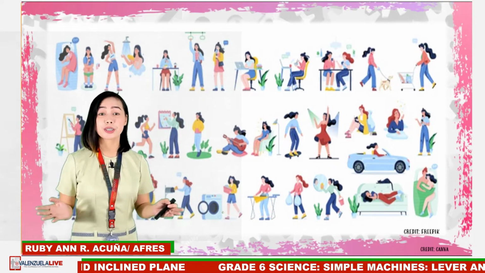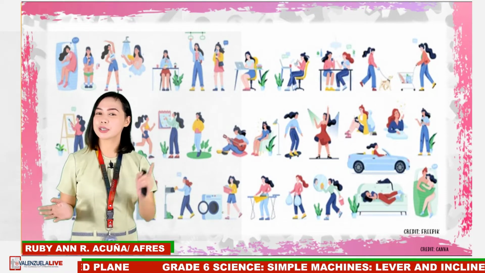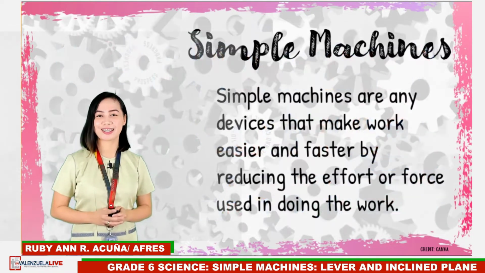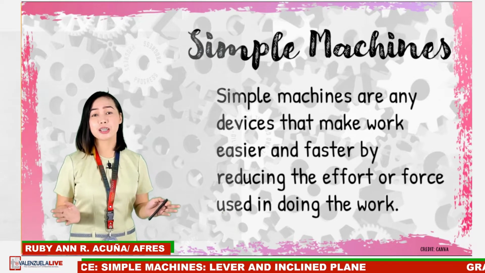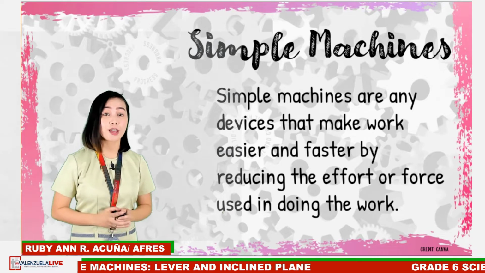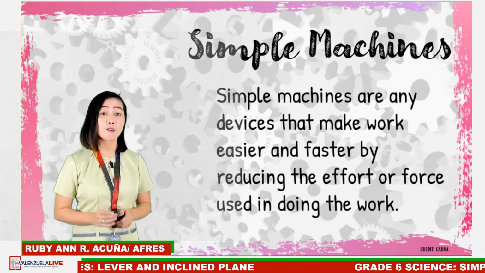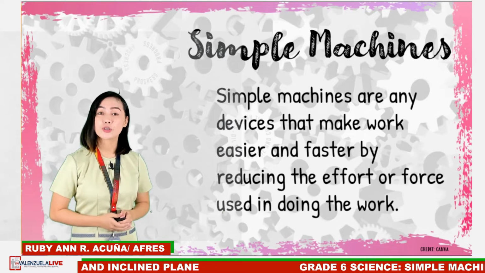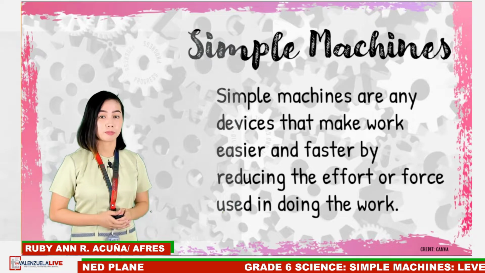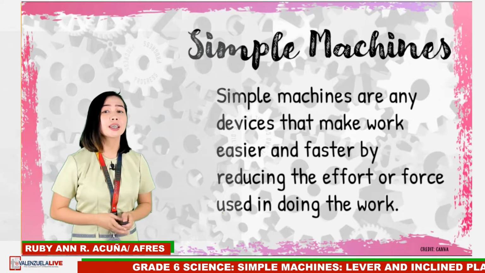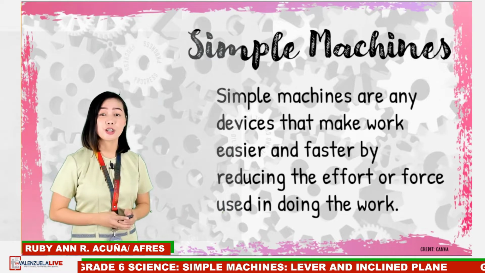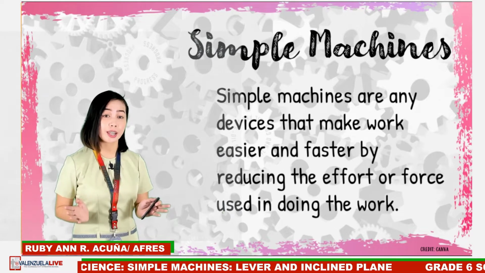And these objects that can help us are called simple machines. Simple machines are any devices that make work easier and faster by reducing the effort or force used in doing the work. So what are the different simple machines and how can they help us in finishing all our work and daily activities?